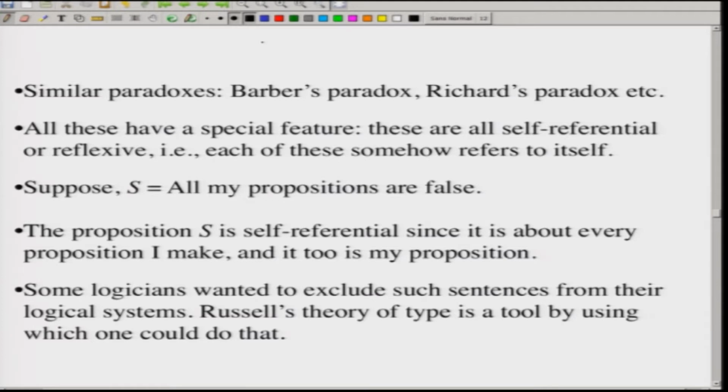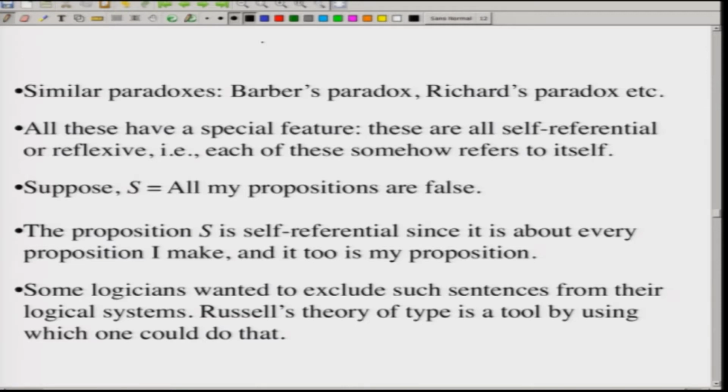How? Suppose we call the sentence "all my propositions are false" S. Now, the proposition S is self-referential, since it is about every proposition I make, and it too is my proposition.